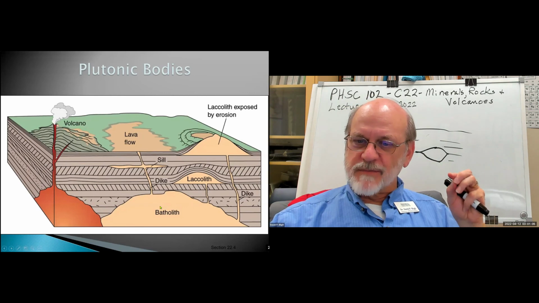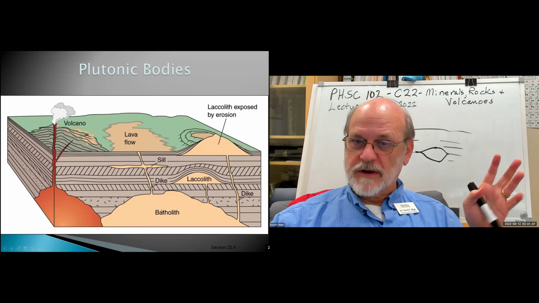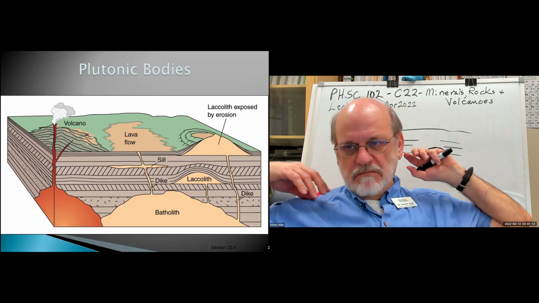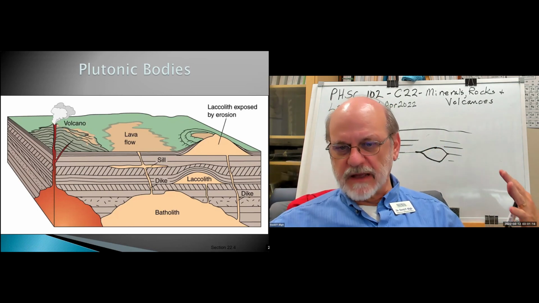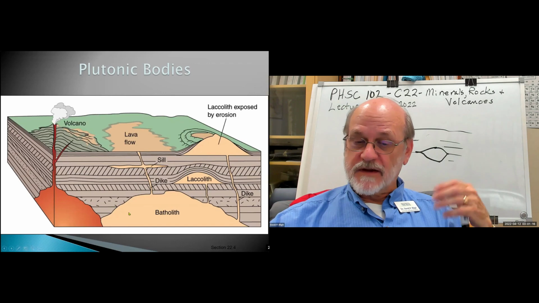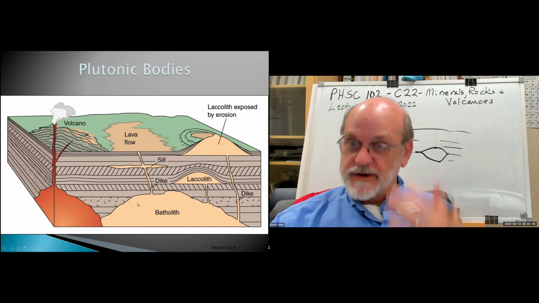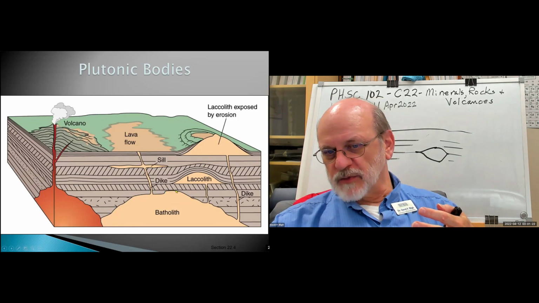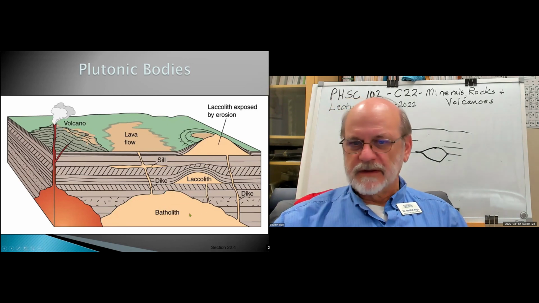The difference is that the batholith is huge. Batholiths usually cover hundreds of kilometers, and each batholith may present various plutons coming off of it. So here's the formation of a possible pluton there.